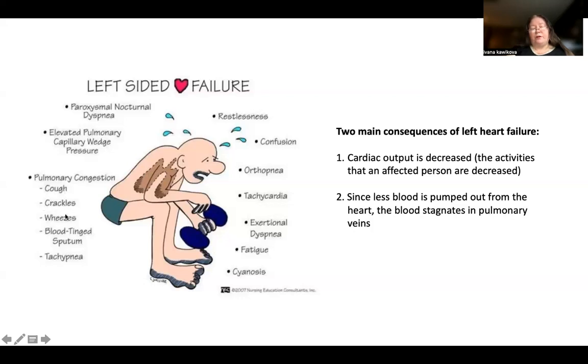The person may cough. You will hear wheezes, and that's all because the lung tissue is now swollen and creates these signs. So two problems with left-sided failure: low cardiac output into systemic circulation and pulmonary edema.